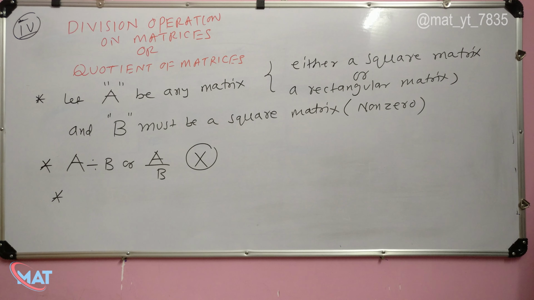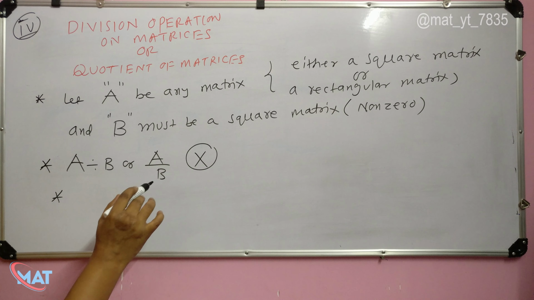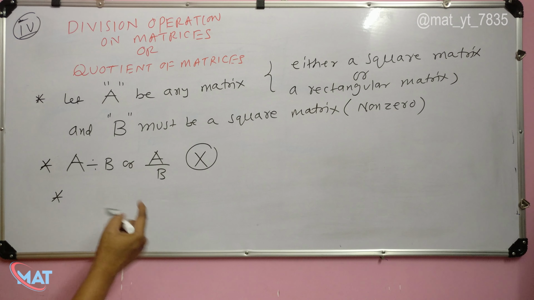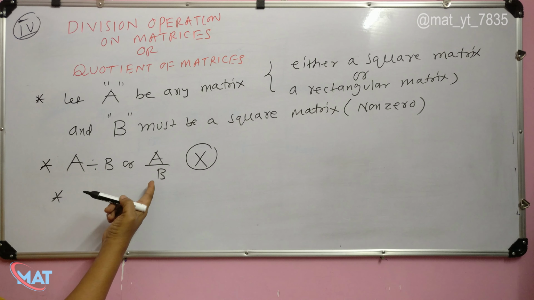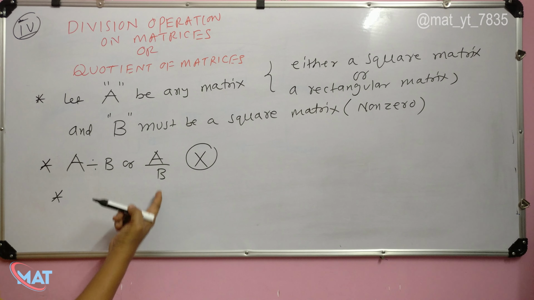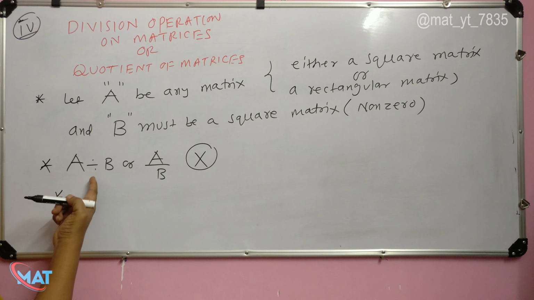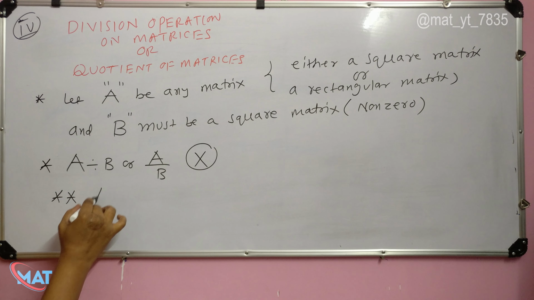In reality, we should write like this, but to differentiate from the number system and algebra, we are not going to show the quotient. If you show it in fraction form, it is called a quotient. If you show it like this, it is division form. In matrices, we are going to prefer it like this.